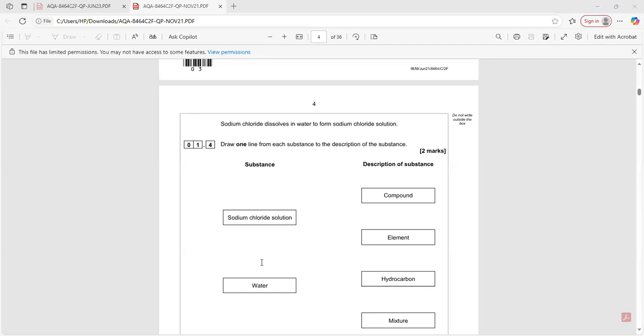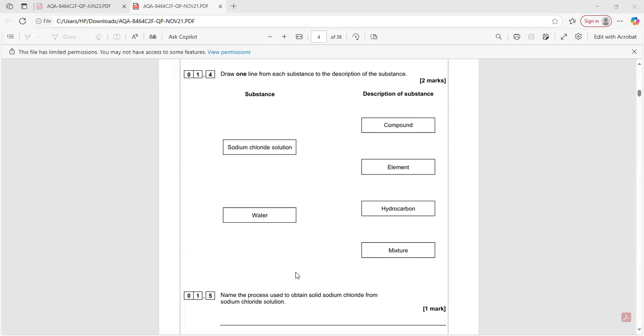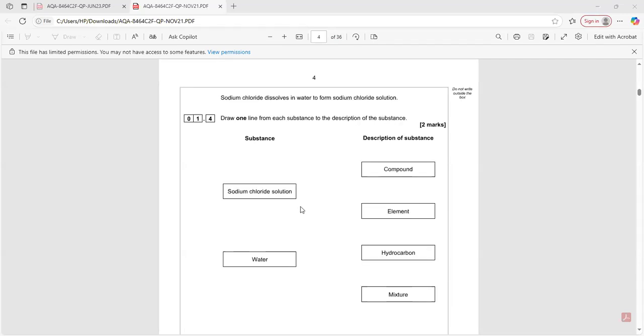Okay, so the question on this page says, sodium chloride dissolves in water to form sodium chloride solution. The question is this: draw one line from each substance to the description of the substance. Sodium chloride solution is, I think it's safe to call it a mixture, right?